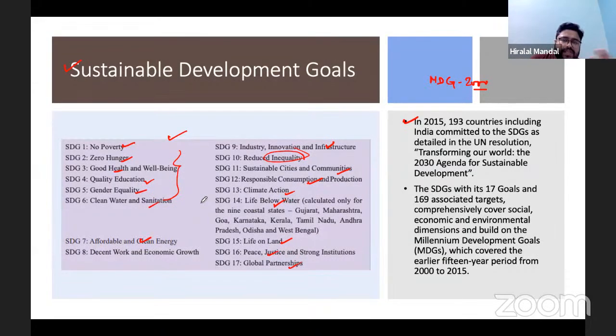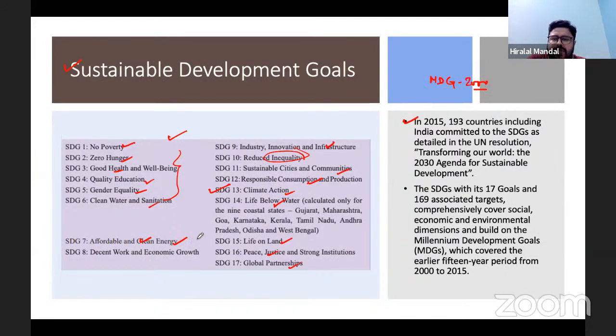So in a way, the sustainable development goals, that is SDG, provide guidance to the public policy of any country. Okay, so that's how we can understand. And under this, you can see climate action is also one of the goals. It also talks about affordable and clean energy as well.